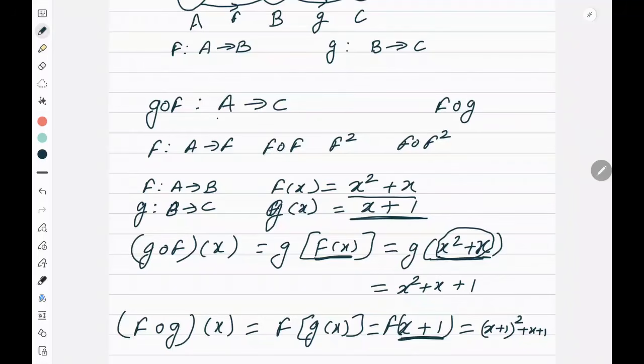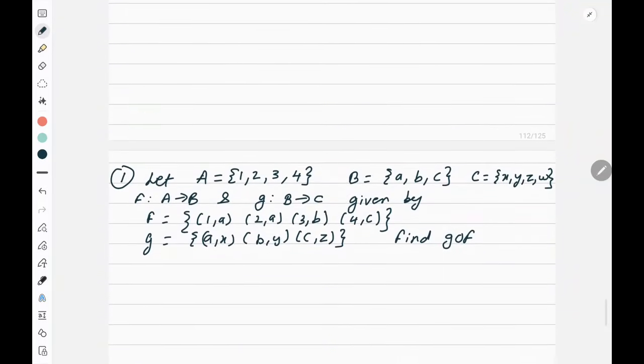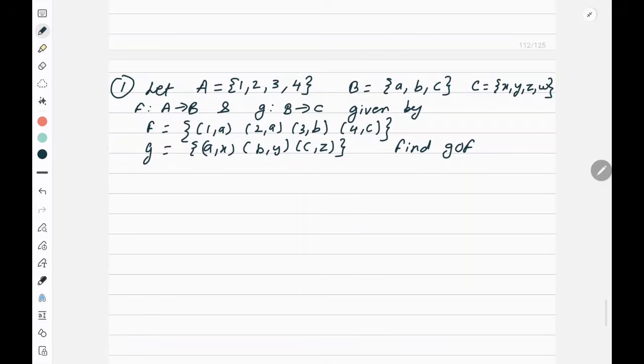Now let us start with a question to understand the concept. Look at this question, a very standard basic question where numbers are involved. Set A is given, set B is given, and set C is given. f is a function from A to B, and g is a function from B to C, given by this. Find g∘f.